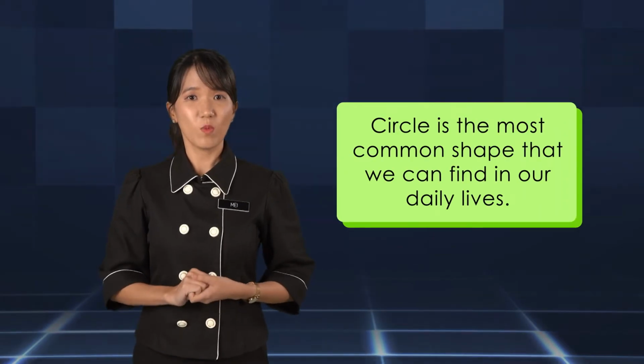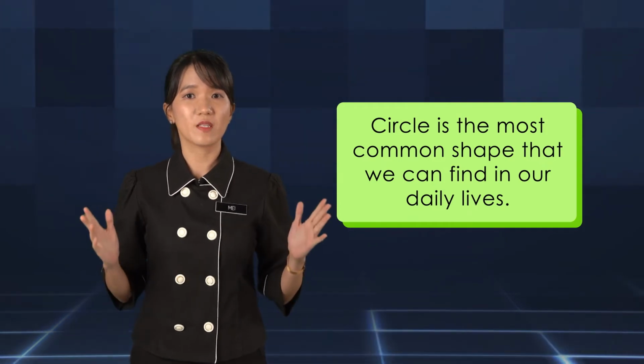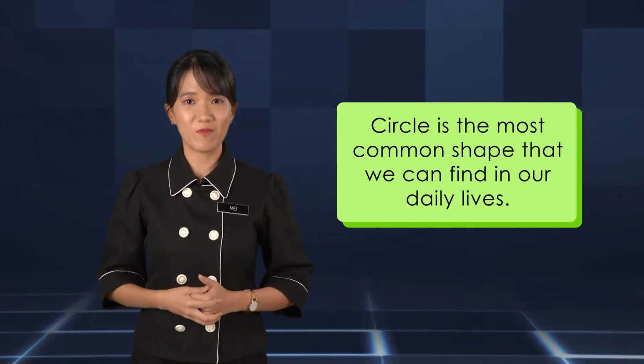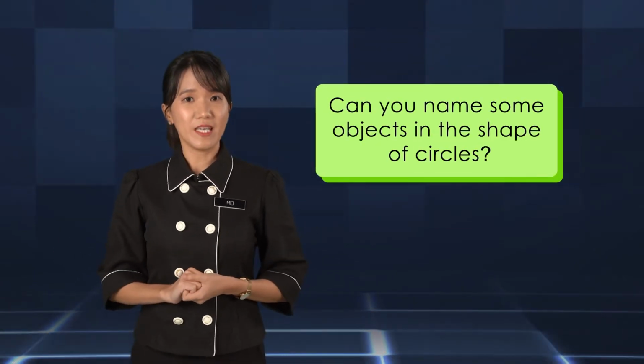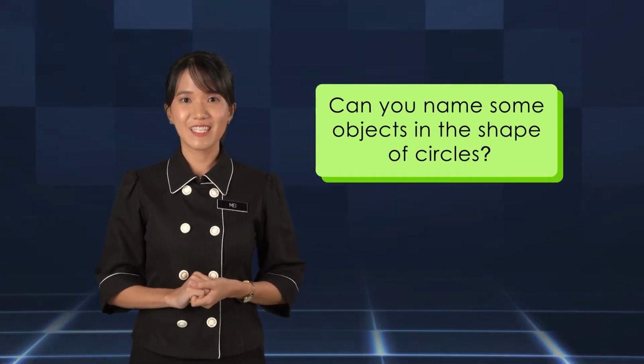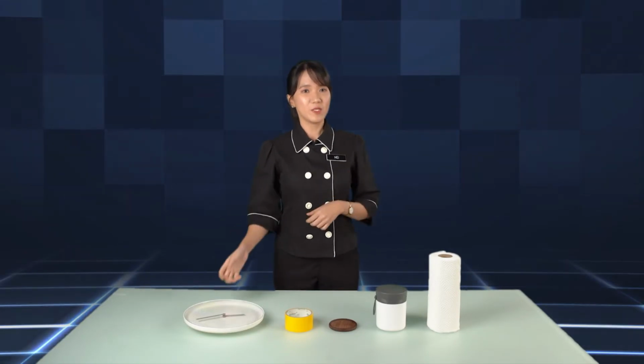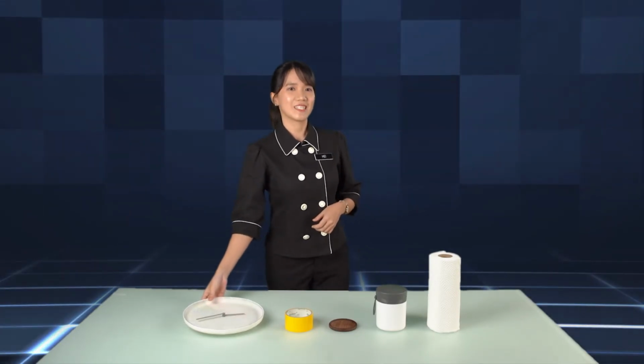A circle is one of the most common shapes that we can find in our daily life. Boys and girls, can you name some objects in the shape of circles? Great! Let me show you some examples.